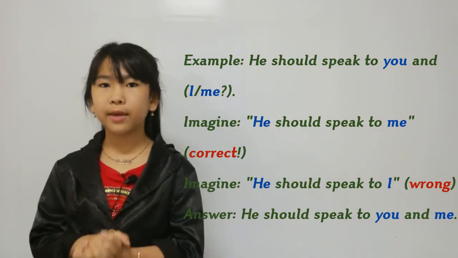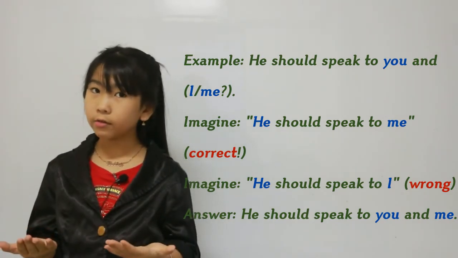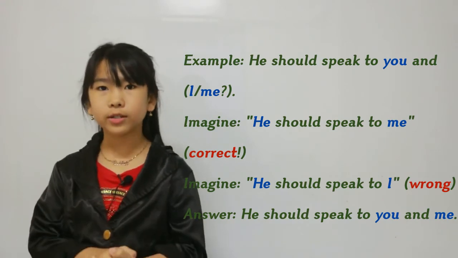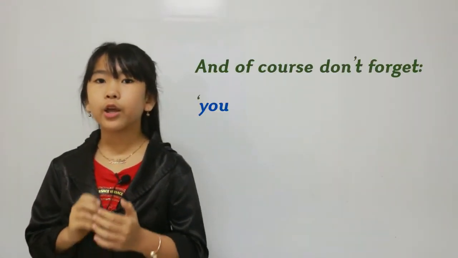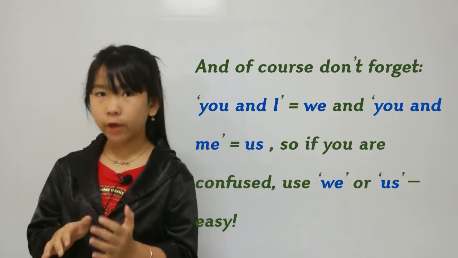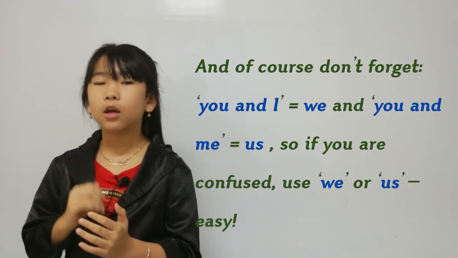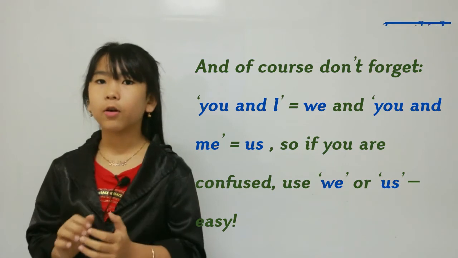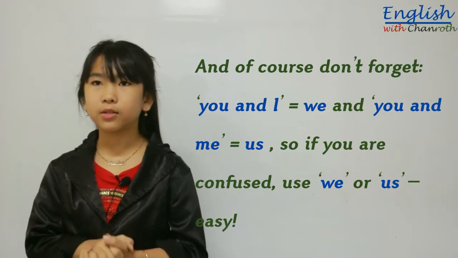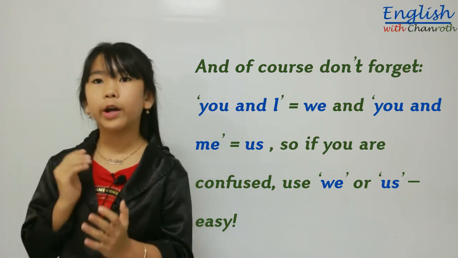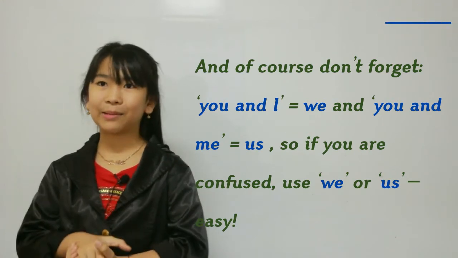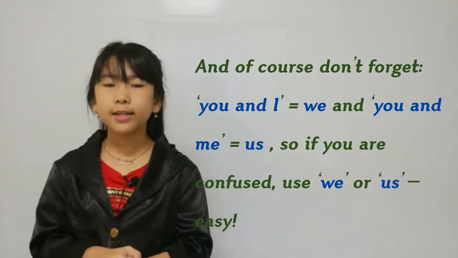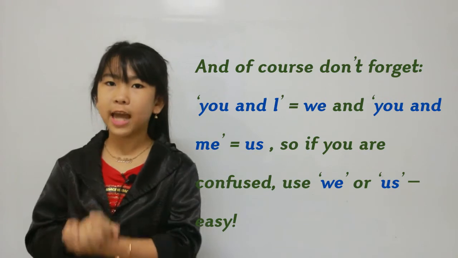I hope you won't make mistakes, will you? And of course, don't forget you and I, we, and you and me, us. So, if you're confused, use we or us. Easy.